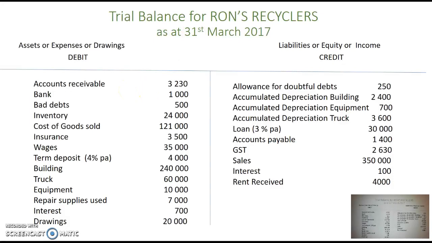Okay, let's go. Remember also when you're doing balance day adjustments, if you're adding information into the trial balance, you have to add something both sides, and it has to be the equal amount to keep your trial balance balanced.